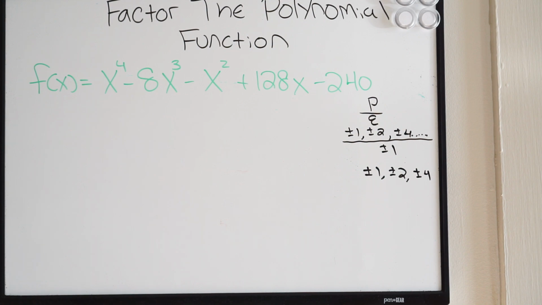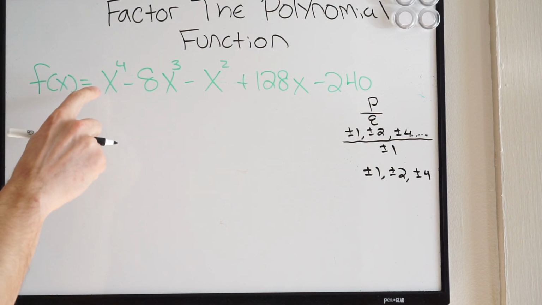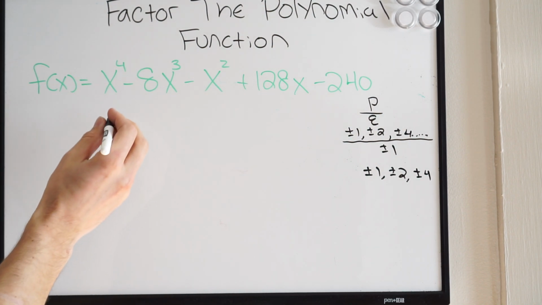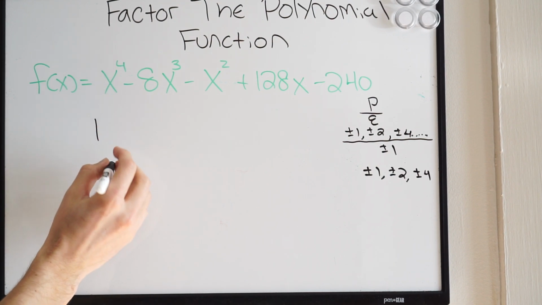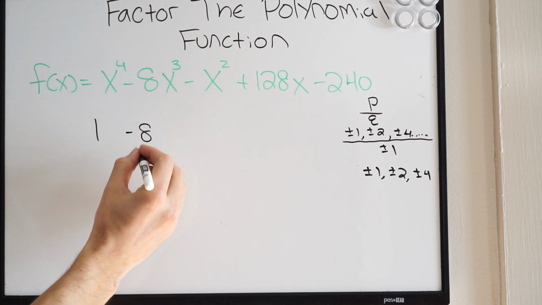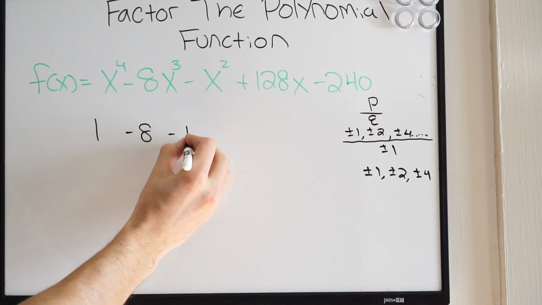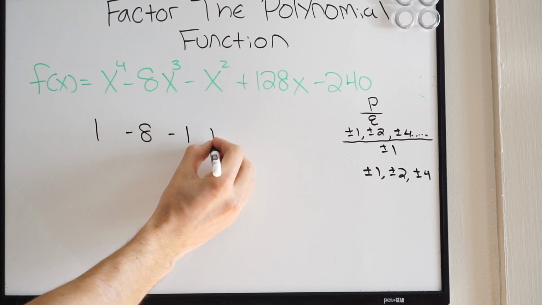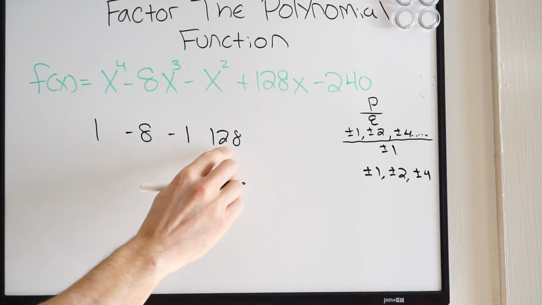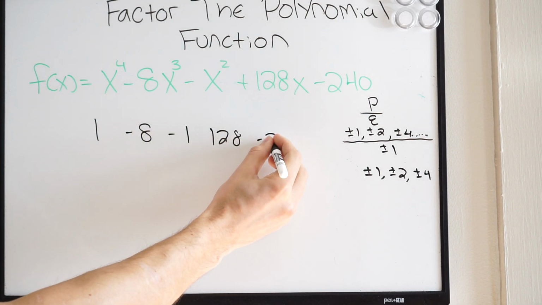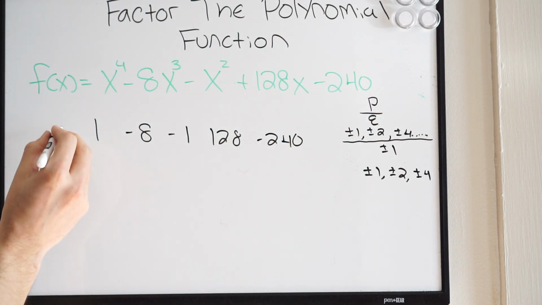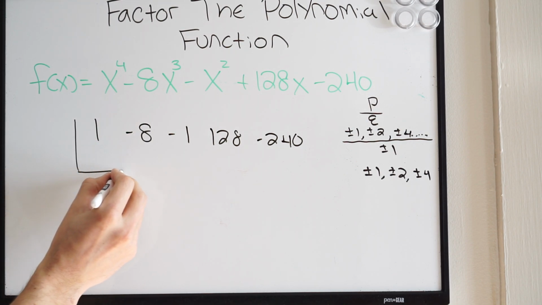So let's set up our synthetic division. We're just writing the coefficients here. In this case, it's going to be 1, negative 8, negative 1, 128, and then negative 240. Here's my synthetic division.